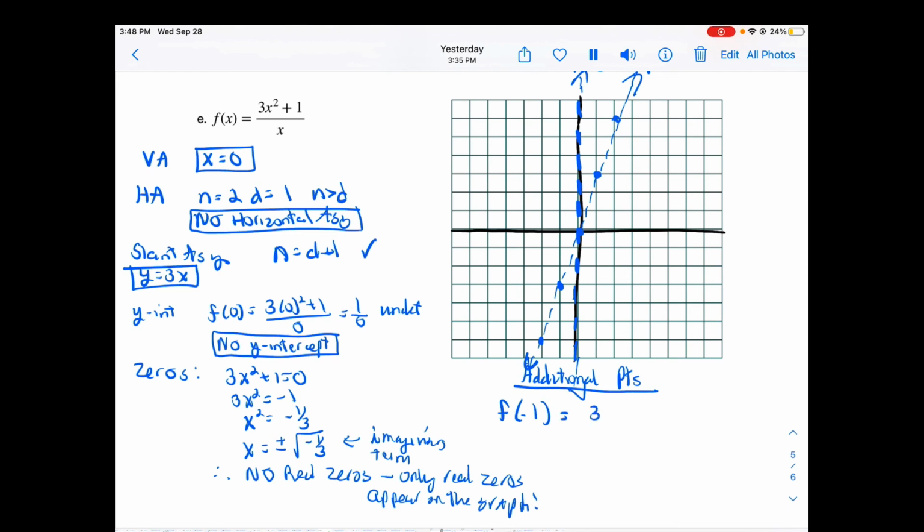Plugging -1 into my function and simplifying that down, I get -4. So I'm going to plot the point -1, -4 on my graph. And then I choose a number on the other side, so I'm going to choose 1. Plugging 1 into the rational function, I get 4, so I have the point 1, 4.